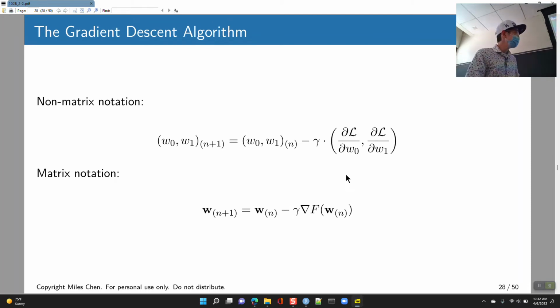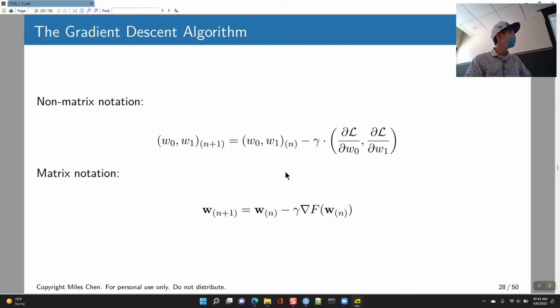So, what is the gradient descent algorithm? It says take your current value of w, so this will be w0 and w1 at time n, and subtract off your learning rate gamma times the partial derivative of L with respect to w0 and the partial derivative of L with respect to w1. This will give us w0 and w1 at time n plus 1.